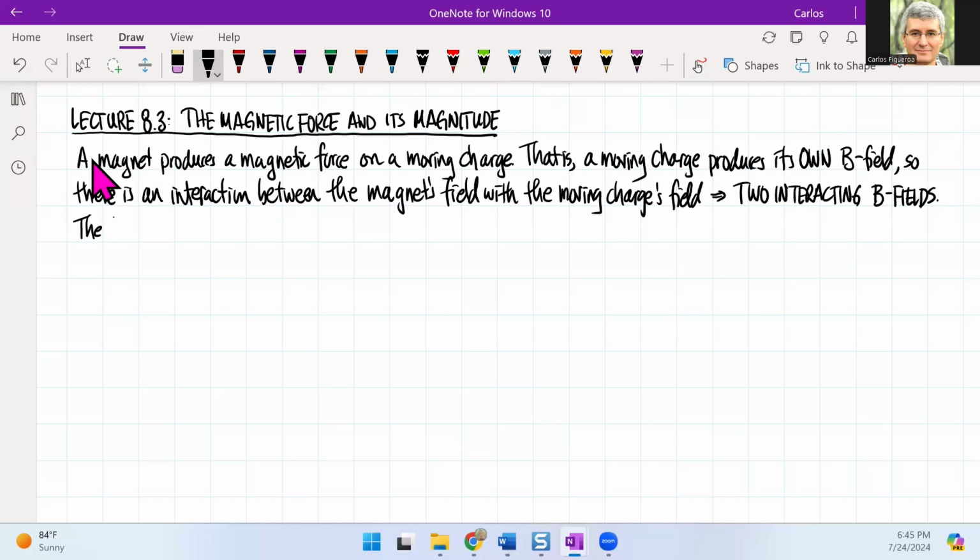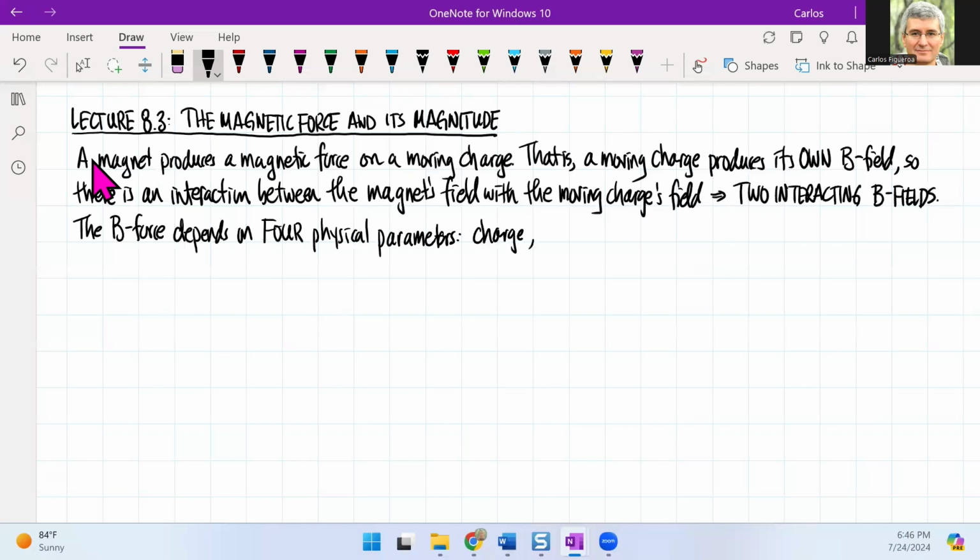The magnetic force depends on four physical parameters. It has to depend on the charge.